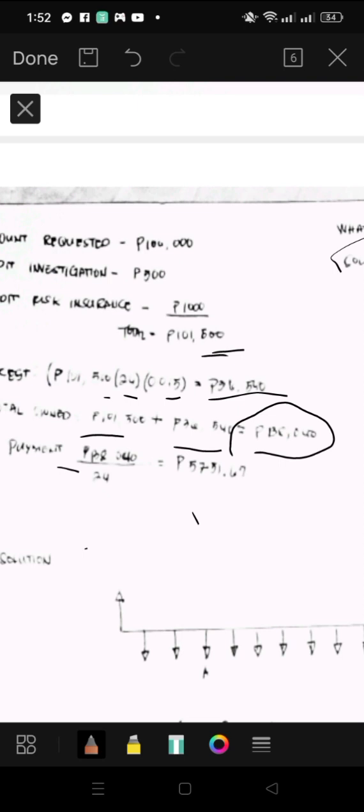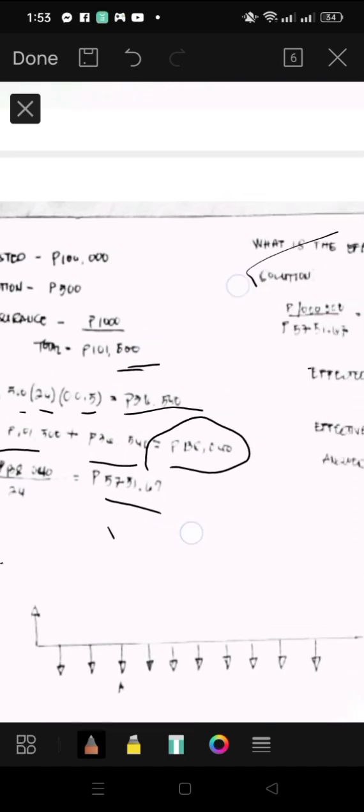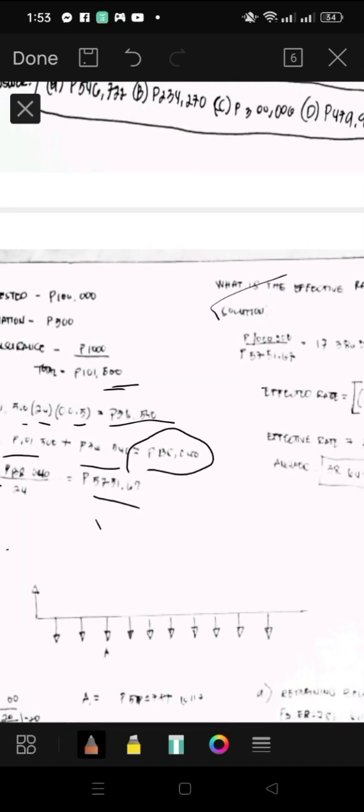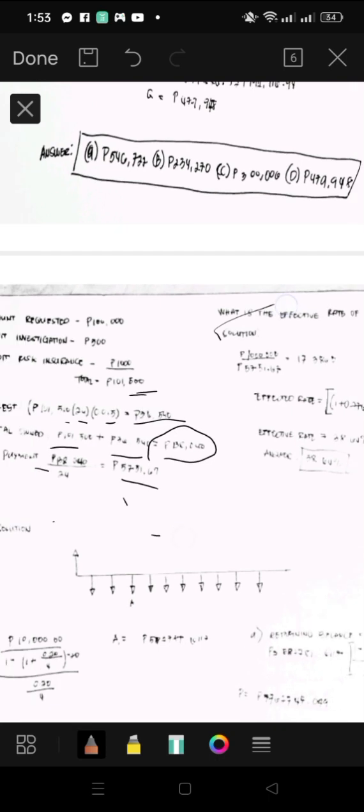So what is the effective rate of interest of the loan? Our solution is 100,000 over 5,751.67, which is equal to 17.3863.